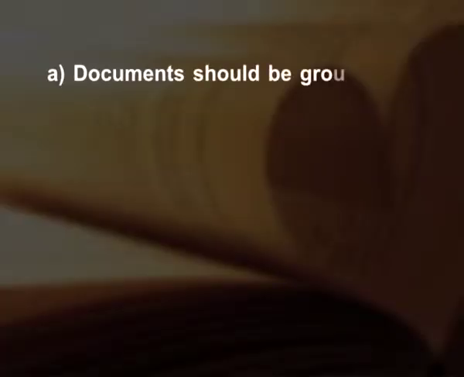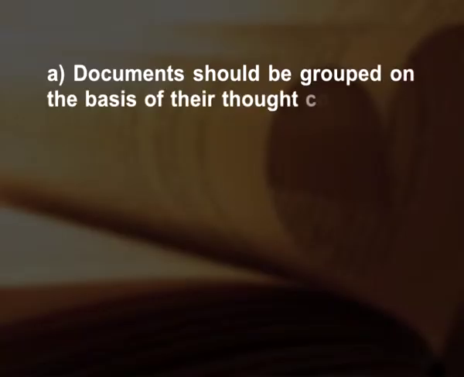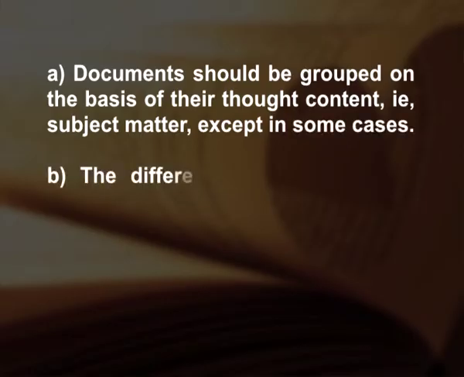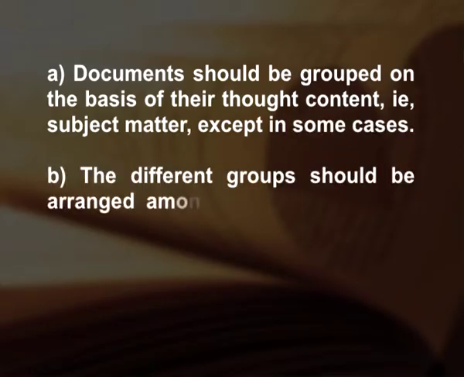In library classification, there are a few things to be considered in general. First one, documents should be grouped on the basis of their thought content, that is subject matter, except in some cases.